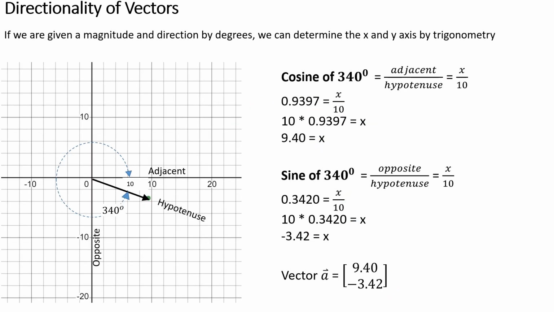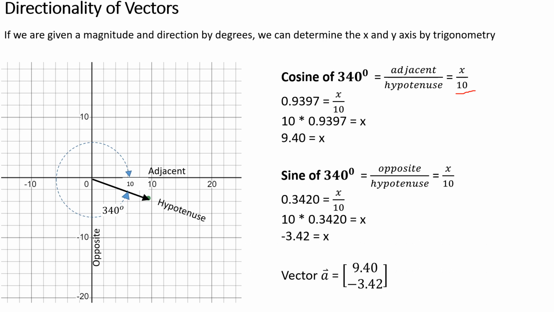We can still do directionality. And remember, when we have the unit circle, that's 360 degrees all the way around, or 2 pi, as we've studied before repeatedly. I'm going to put in my calculator cosine of 340 degrees, and according to this, I have a hypotenuse of 10. That distance is 10. So I know my hypotenuse.